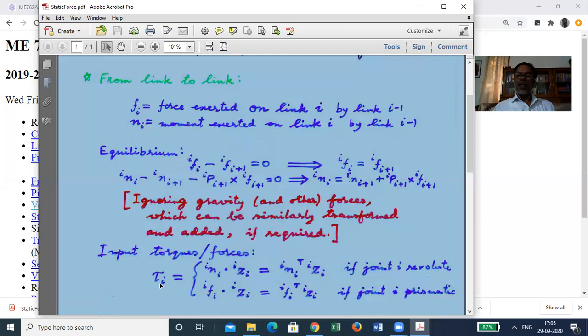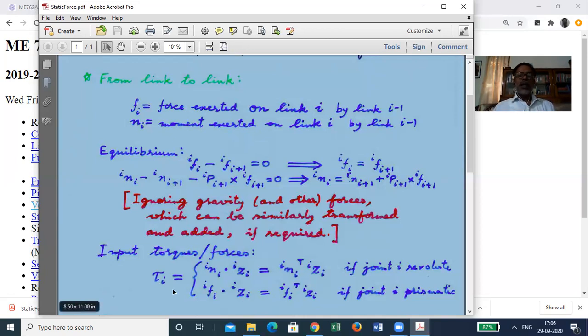Here we are still calling it tau_i, because tau is taken as a generic term for forces and torques on the input side. For joint variables in such vector equations, we used theta and separately said that if a joint is prismatic, it will be d rather than theta, and use theta vector as the general expression for the coordinates of the joints.